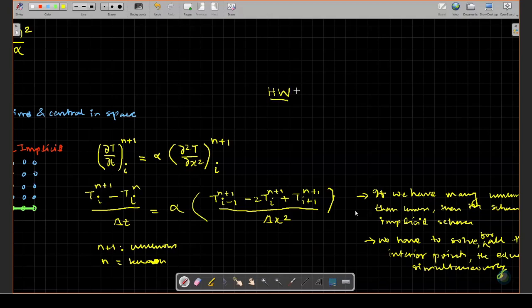For BTCS, backward in time centered in space, show that it is an unconditionally stable scheme.